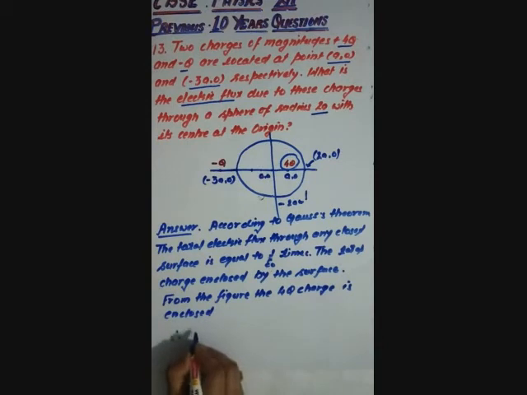Therefore, electric flux will equal 4q upon epsilon naught. Next question.